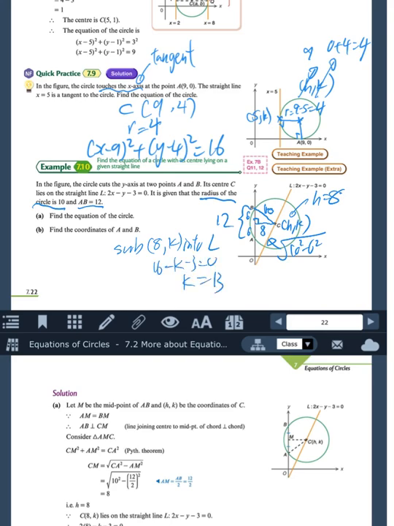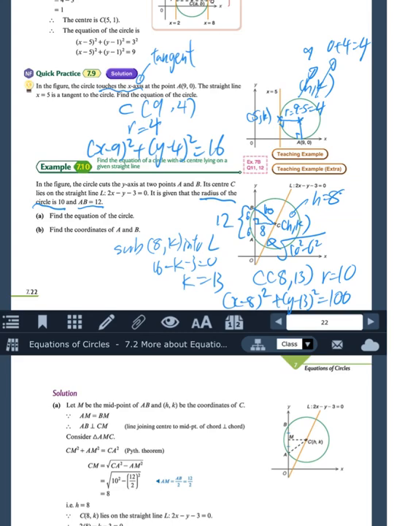Therefore, k equals 13, which means the center is (8, 13) and the radius is 10. Then by standard form, (x minus 8) squared plus (y minus 13) squared equals 10 squared, which is 100. This will be the equation of the circle.